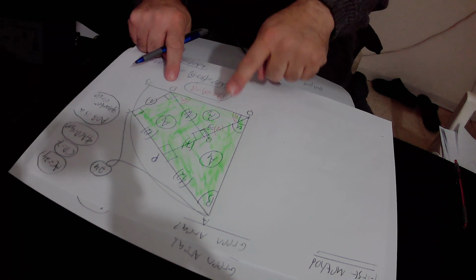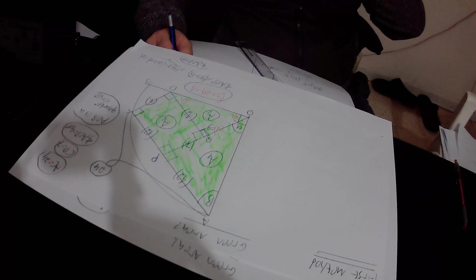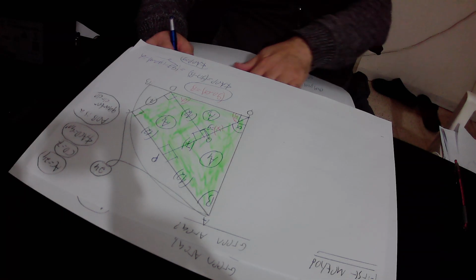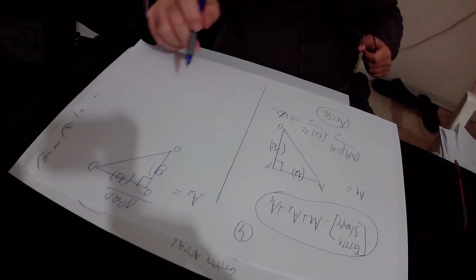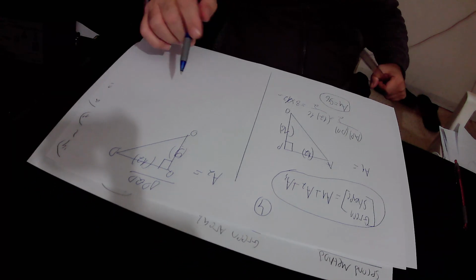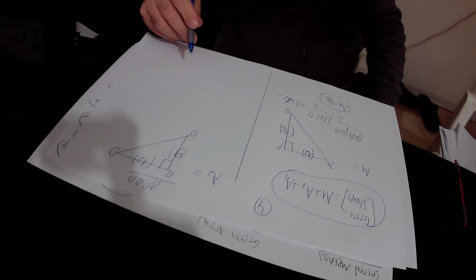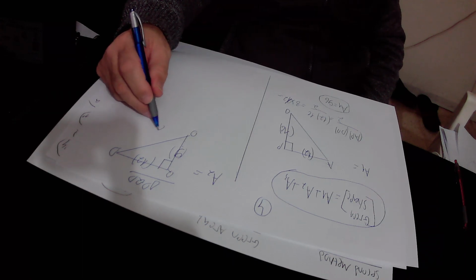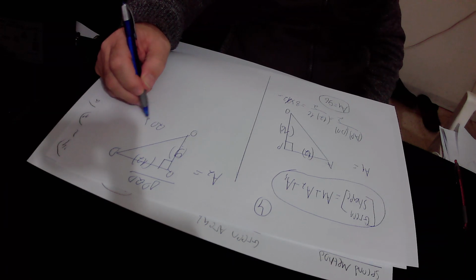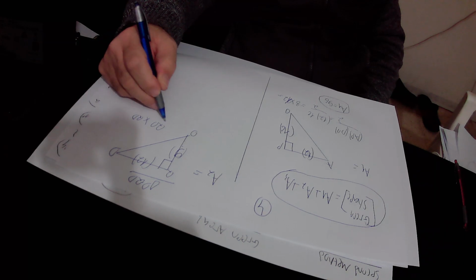And QD equals to 12 units. Repeat again that A2 is the area of this right triangle OQD. The area of this right triangle OQD equals to QO times QD over 2.